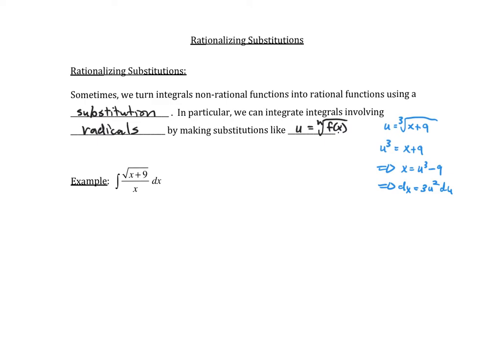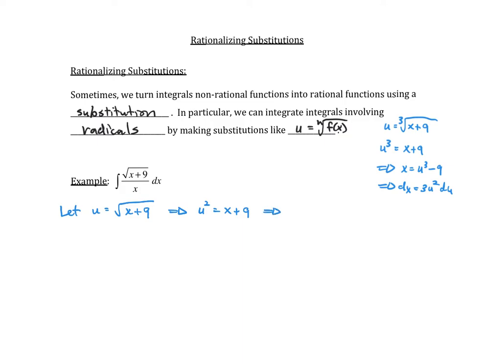So what I'm going to do is let u be equal to the square root of x plus 9. Okay? And then just as I did over there, I'm going to square both sides. So this means that u squared is equal to x plus 9. And if I wanted to, I could solve for x.